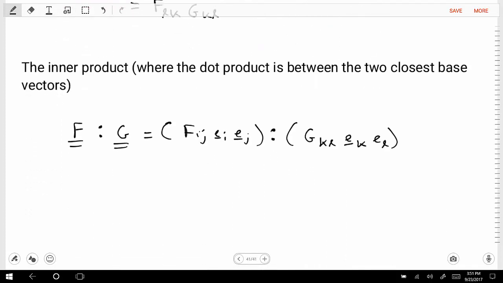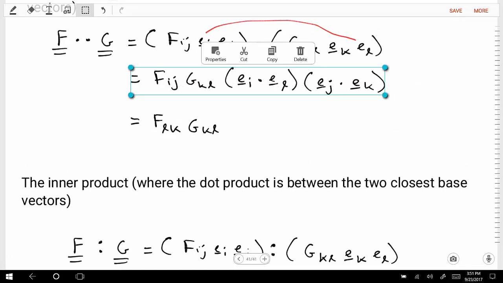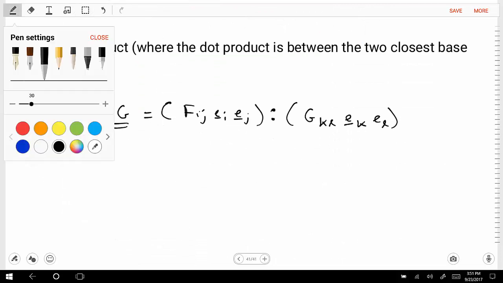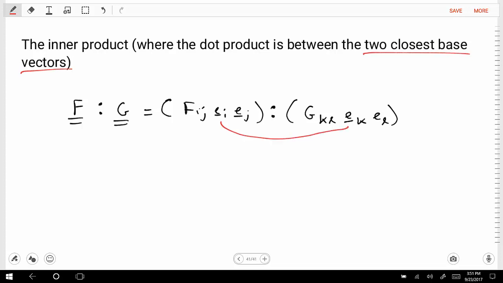They're to the side of each other for the outer product, and here they're above and below each other. When we perform that operation, we're looking at the two closest base vectors, so our two closest base vectors between the two are this one and that one.